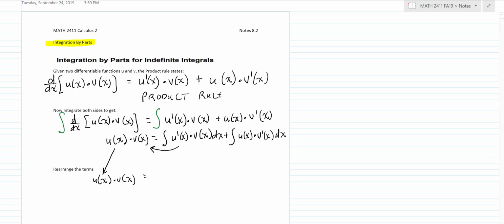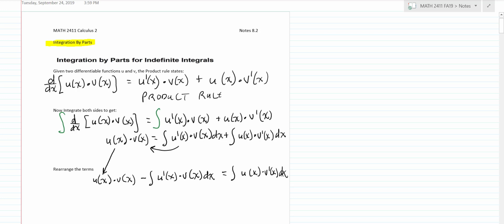We're really subtracting that integral from both sides. So we'll have minus the integral of u prime of x times v of x dx equals, and we'll leave this integral where it is, the integral of u of x times v prime of x times dx.